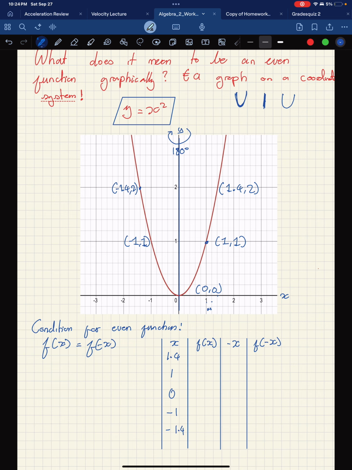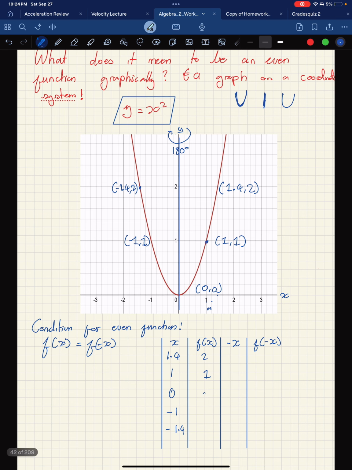Okay, so now let us write the y values for our points. We have 2, we got 1, we got 0, and then we got 1 again, and then we got 2 again. All right? This makes sense for the points that we have.